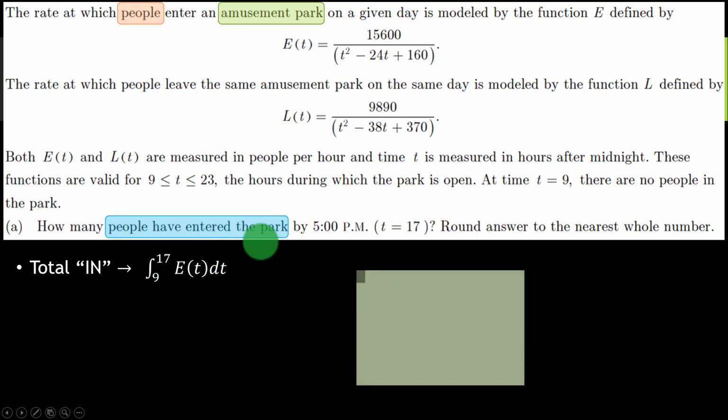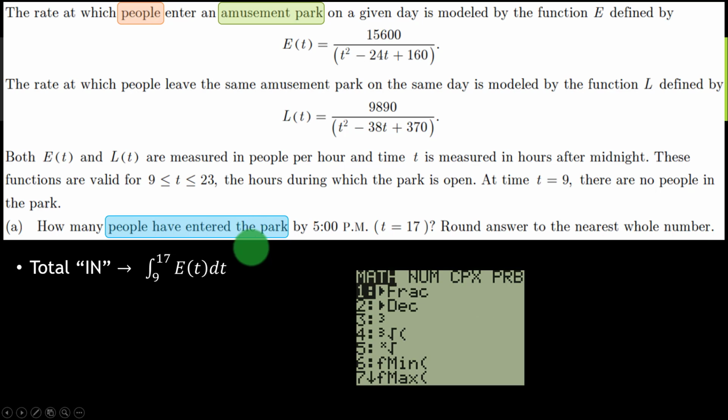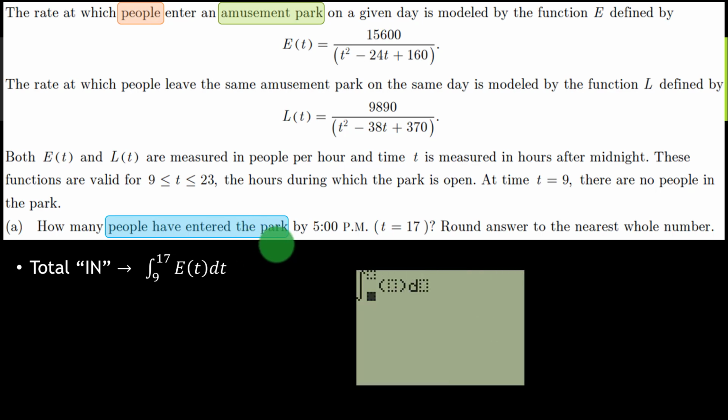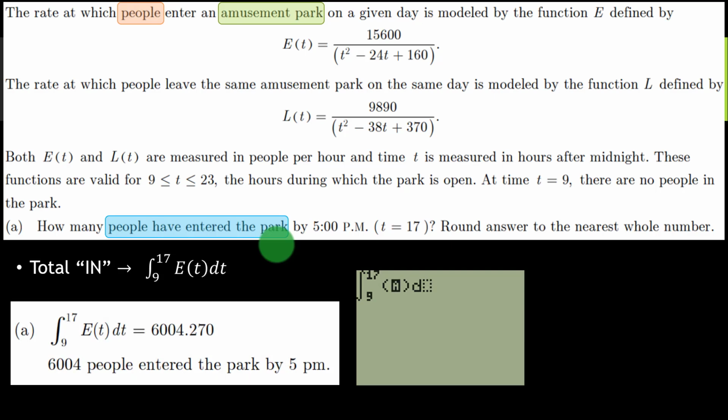So if we put this in the calculator, we do our math 9, then we put the bounds in, 9 to 17, and the function, we should get 6004.270, but since we're rounding to the nearest whole number, it would be rounding down. 6,004 people entered the park by 5 p.m.